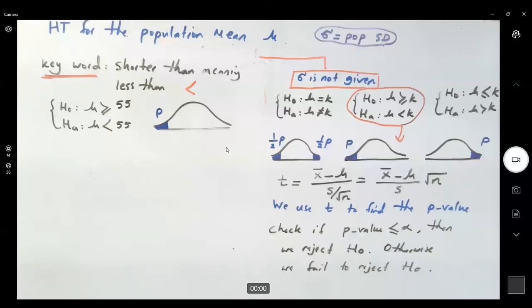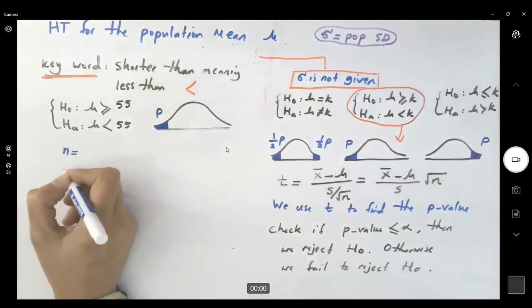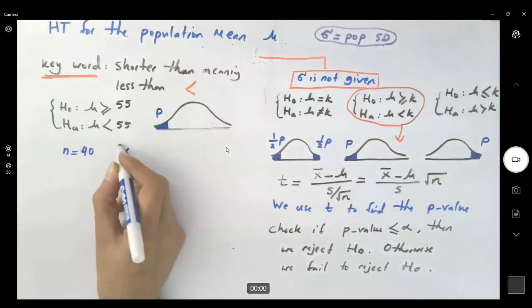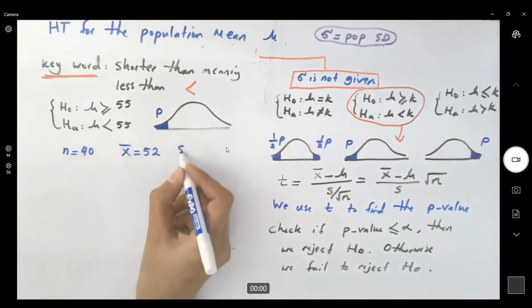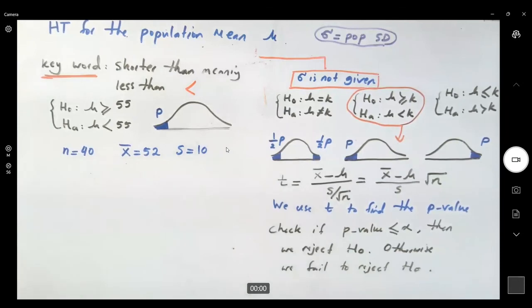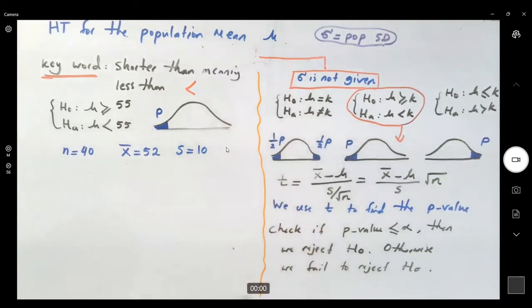So we collected the sample. We found the following. n is equal to 40, x bar, the sample mean, is 52, and s, the standard deviation, is 10 hours. Well, we have all the information that we want to construct our T. Very good.